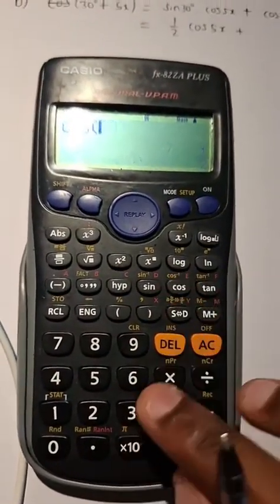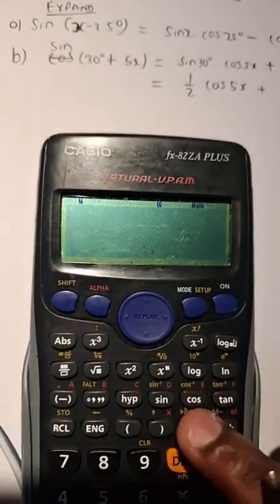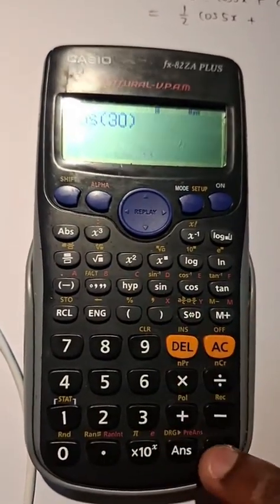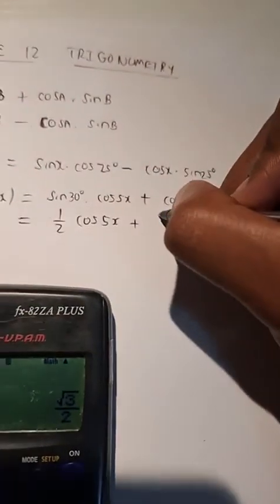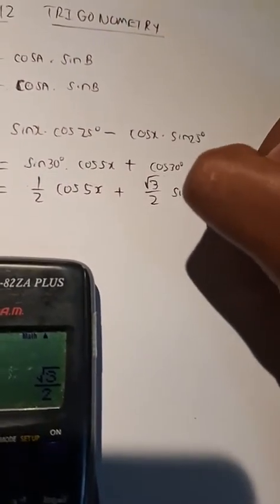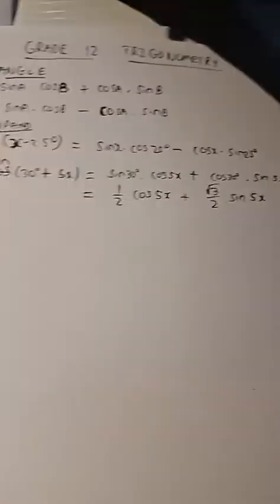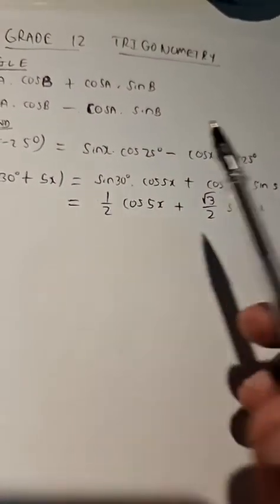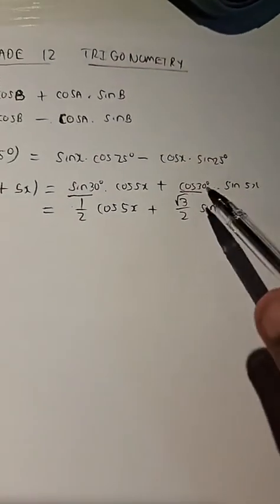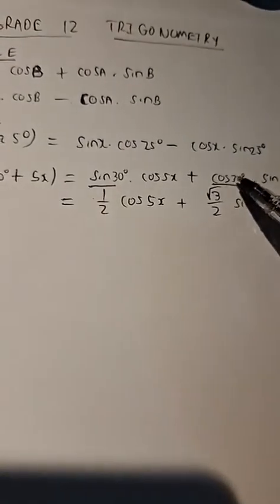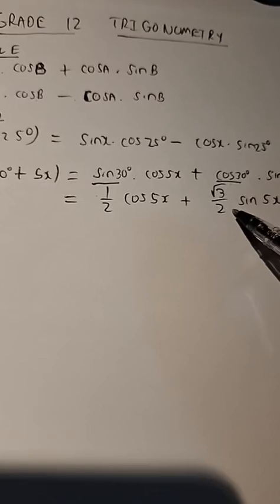So that's cos of 30 degrees. To expand that, we know that's root 3 over 2 sine 5x. Okay. You see? Because we know special angles, and we learned special angles in the previous grade, we are quickly able to pick up, oh okay, this is a half, this is root 3 over 2.